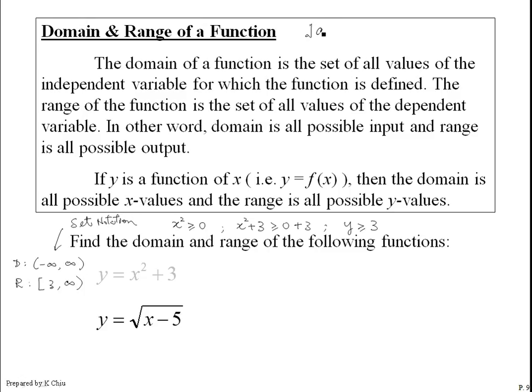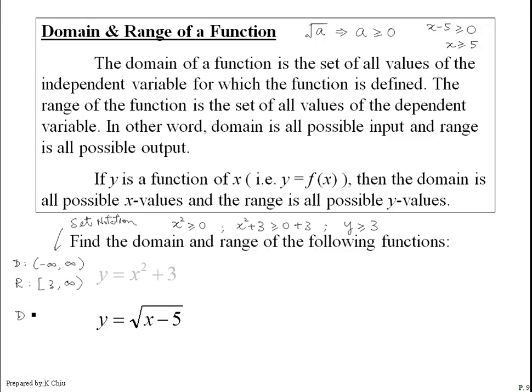Whenever we have the radical, right away we know that whatever is inside the radical must be positive. It cannot have a negative inside the radical. So that means x minus 5 would be greater than or equal to 0. In other words, x is greater than or equal to 5.